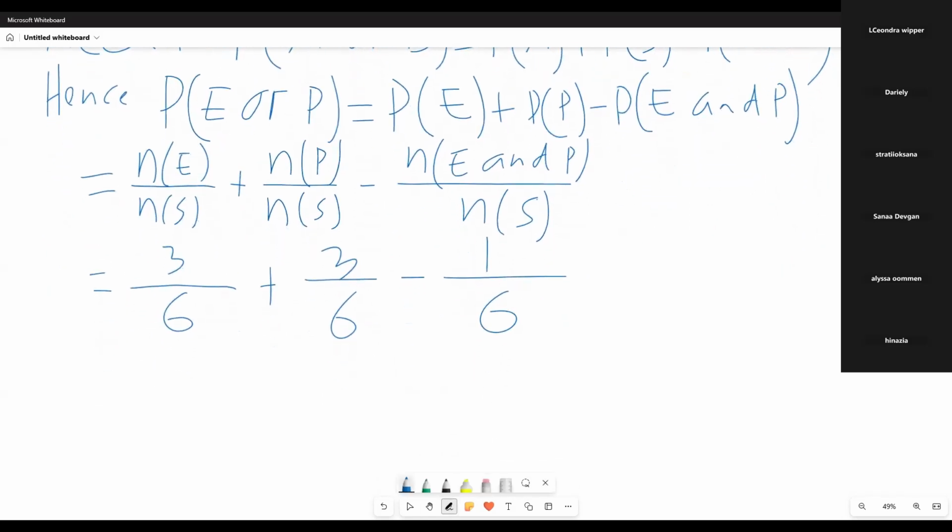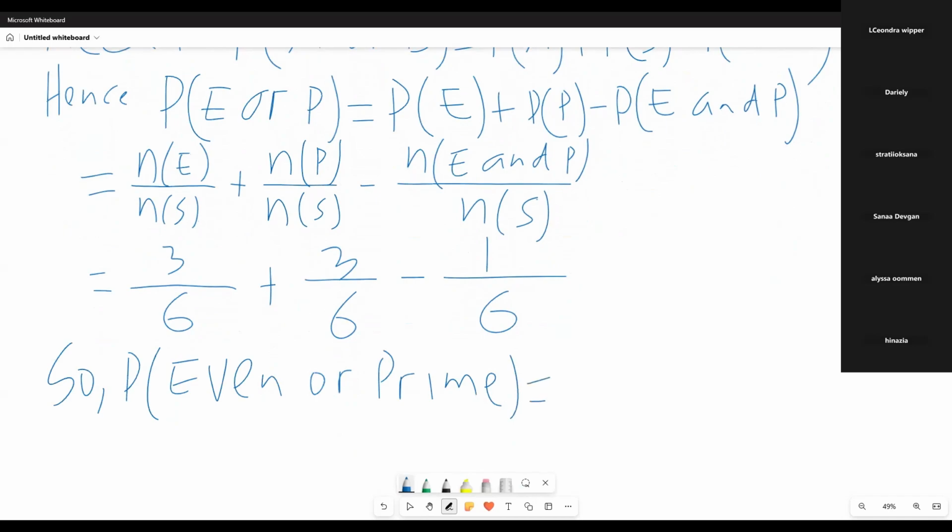So P of even or prime will be 6 minus 1 is 5. 5 over 6.